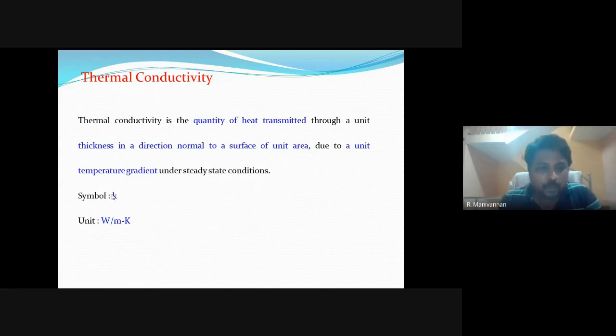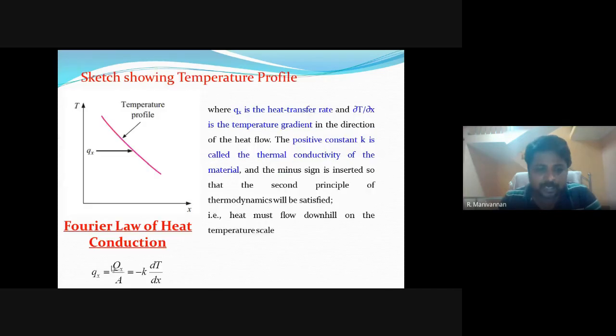The thermal conductivity symbol is k, and its unit is watts per meter Kelvin. If you see the unit for the rate of heat transfer, it is watts, or you can also say energy by time, that is joules per second.